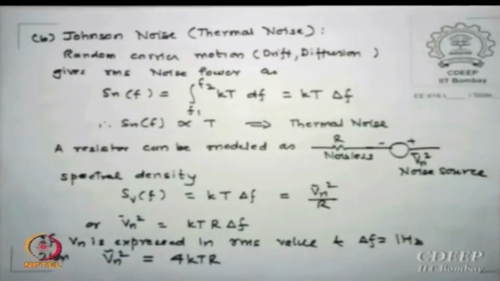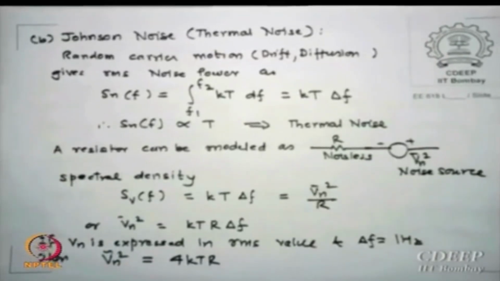The second noise of interest is the Johnson noise, which is very popularly known as thermal noise, and any random carrier motion, may be due to drift or diffusion, gives you the RMS noise power.